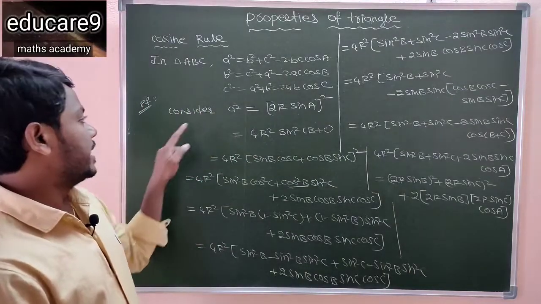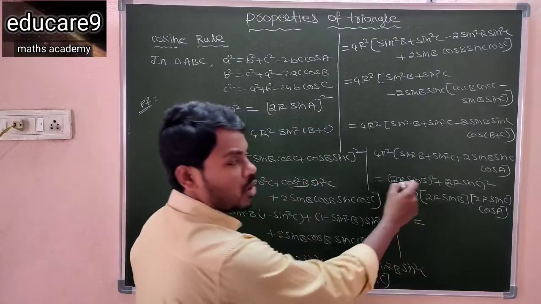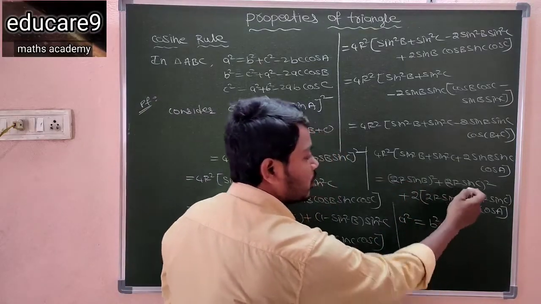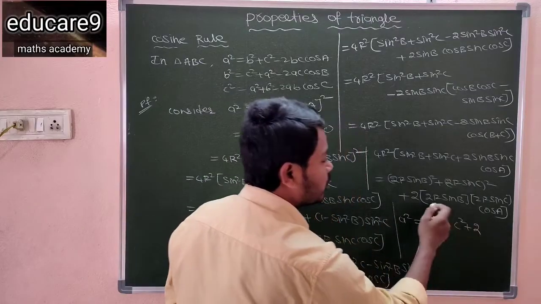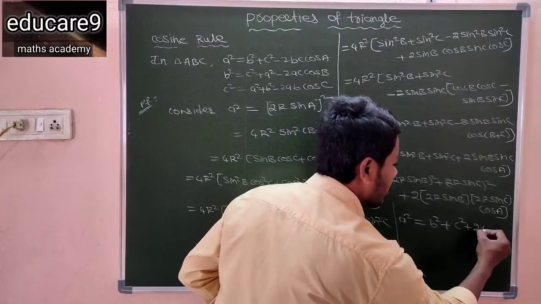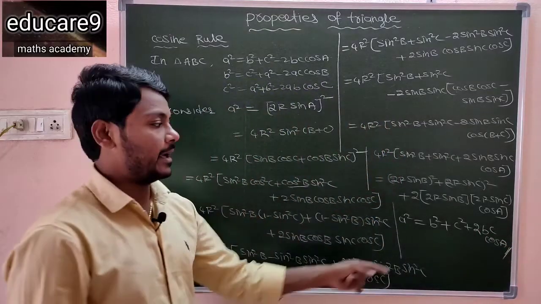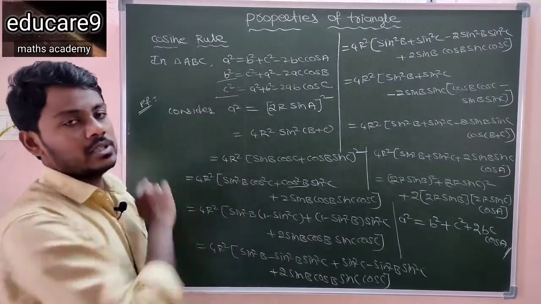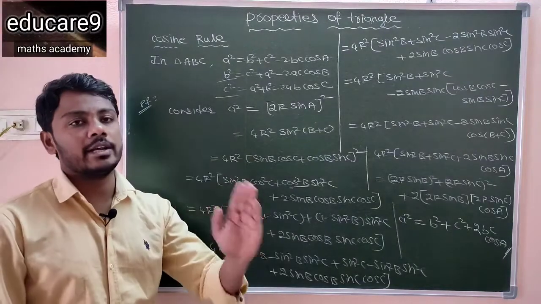So this is what a squared is equal to. From the sine rule, 2R sin B is small b, so b squared, 2R sin C is small c, c squared, plus 2 into 2R sin B small b and small c cos A. So this is the a squared form. Similarly you can prove b squared and c squared. Okay. So this is the cosine rule.